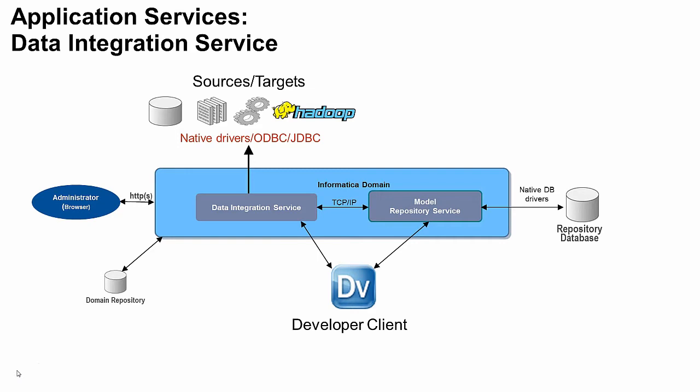So the scenario is I'm building my mapping, I connect my developer tool to the model repository, pull my mapping, and I'm about to execute this mapping workflow, and it's going to be executed on the DIS. The DIS will talk to my source, or extract from my source, using native drivers, ODBC or JDBC, and load to my targets, right?